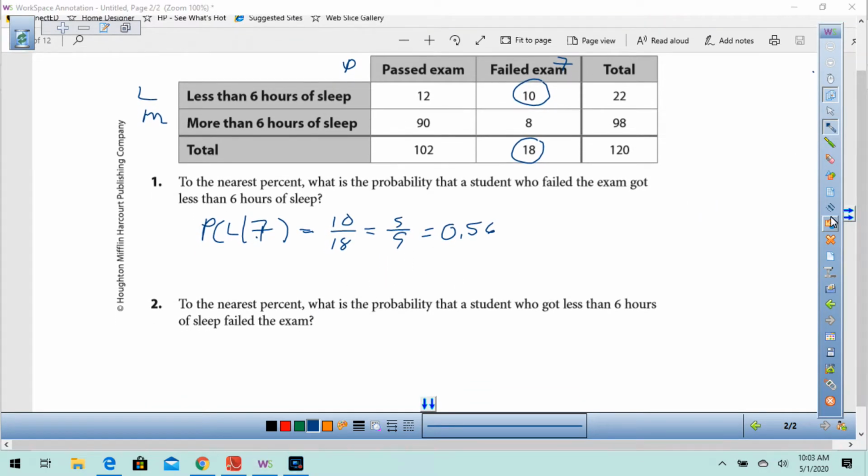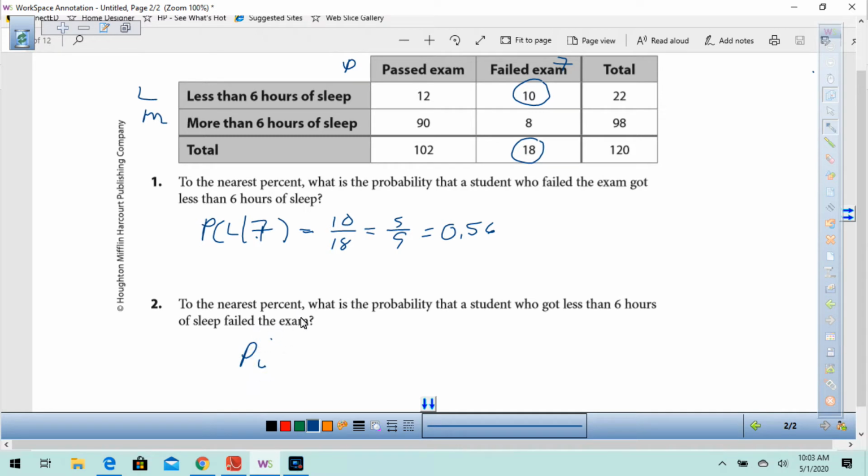To the nearest percent, what is the probability that a student who got less than 6 hours of sleep failed the exam? All right, so now we're going to have the probability that they failed given less than 6 hours of sleep. So we're going to have 10 over 22.